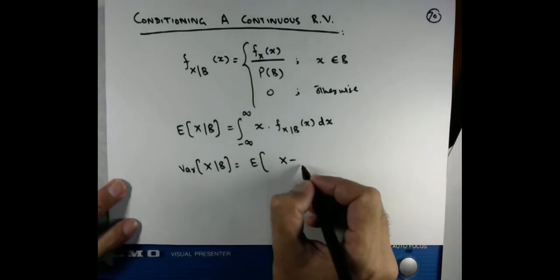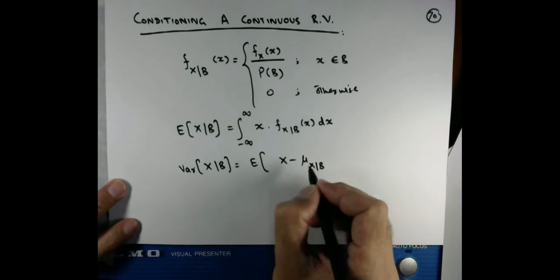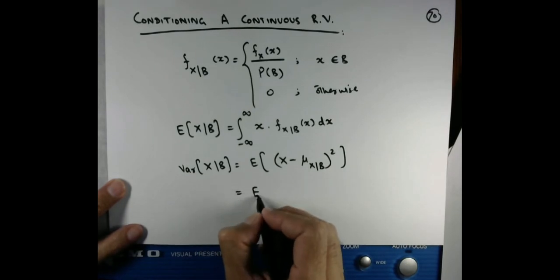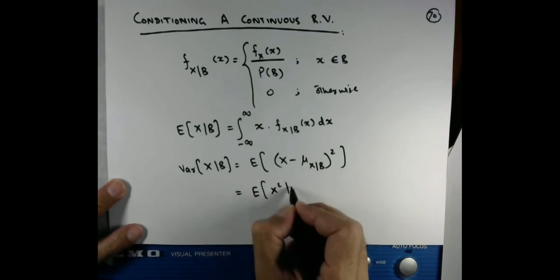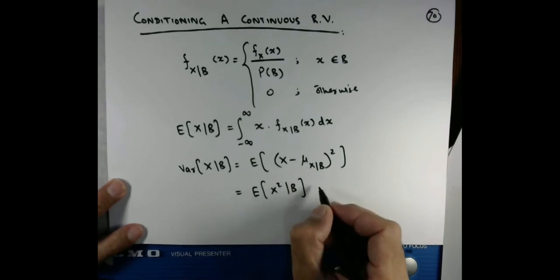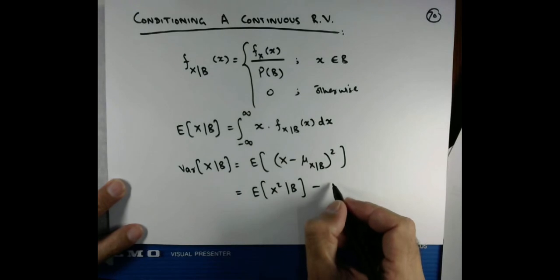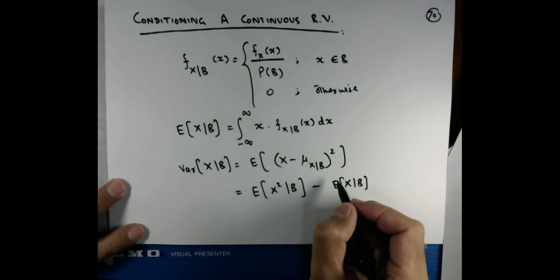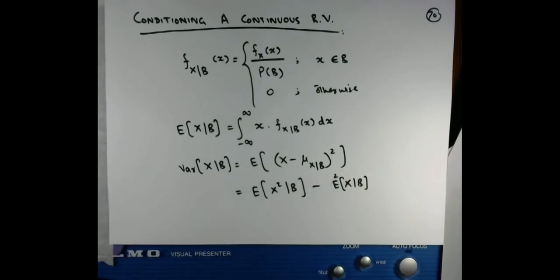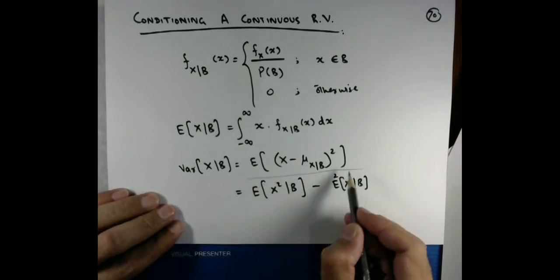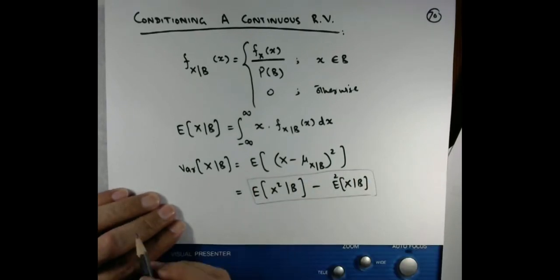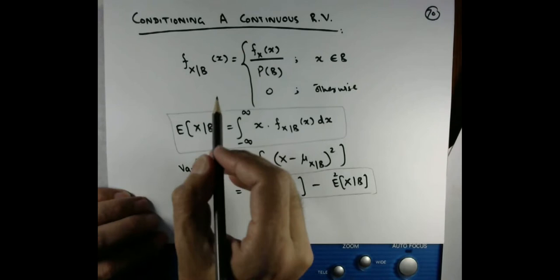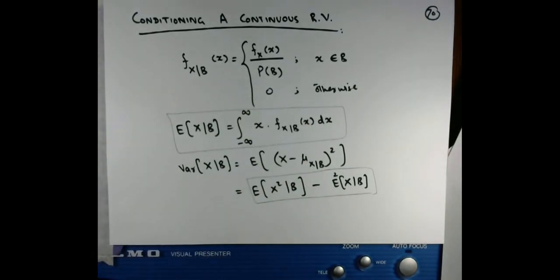This mean, mu sub x given B, and then you simply square it. This ultimately reaches the expectation of x square given B minus expectation of x given B whole square. So this is the formula for the conditional variance, this is the formula for the conditional mean, and this is the formula for the conditional distribution.